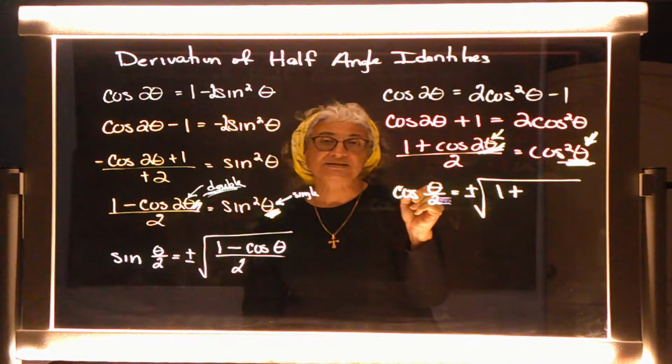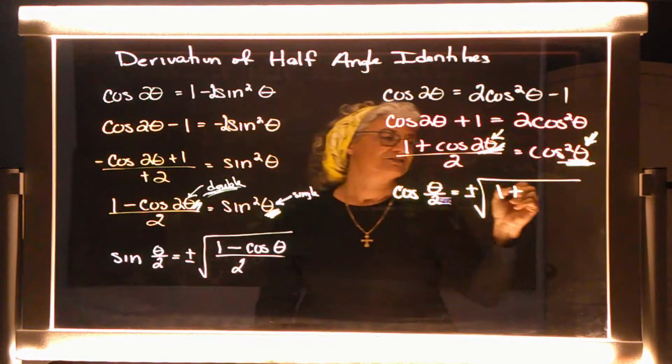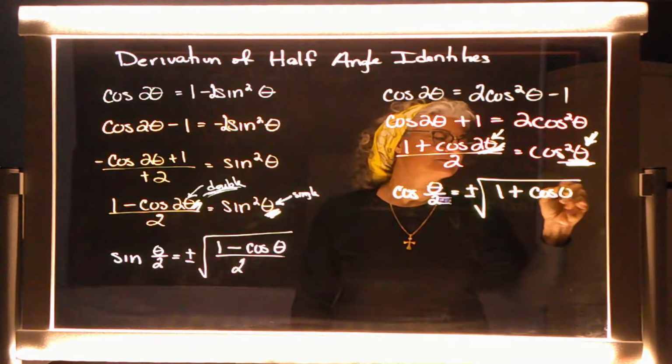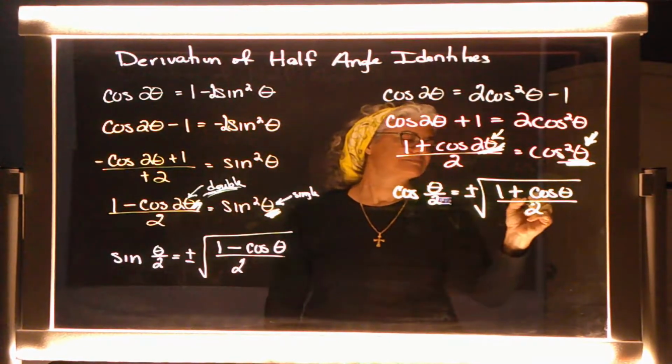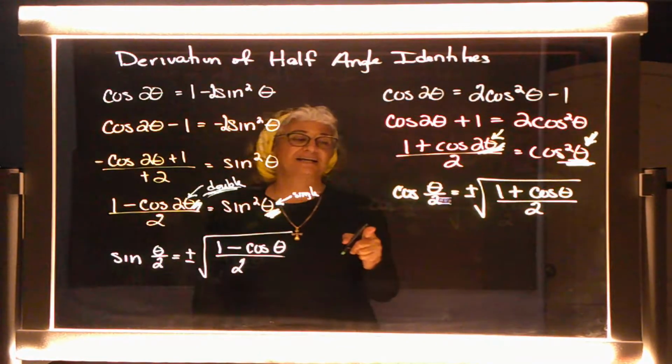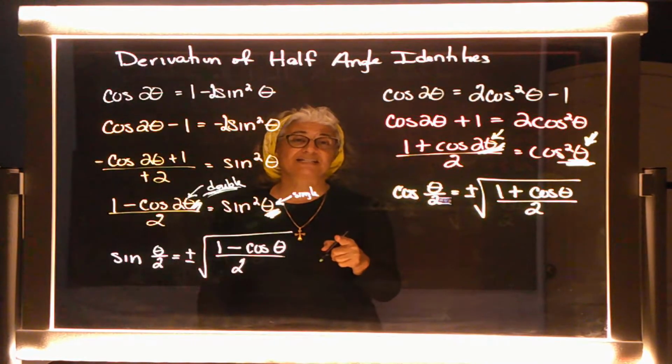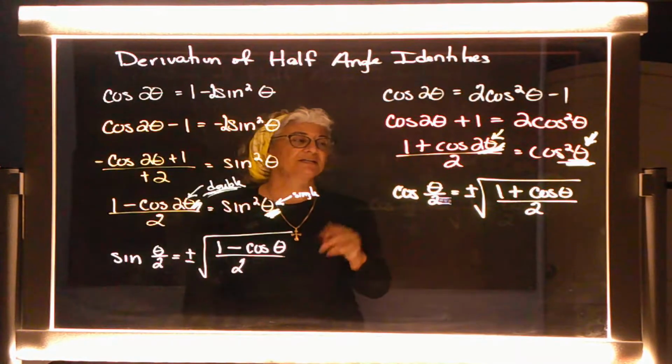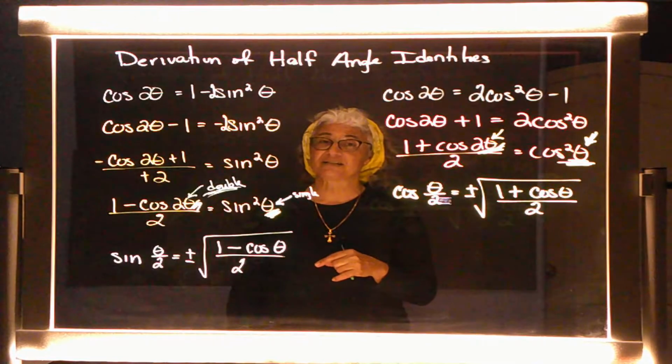So what's twice as big as a half? Just 1. This is how we get the half angle identities. This is how we get 2 of them.